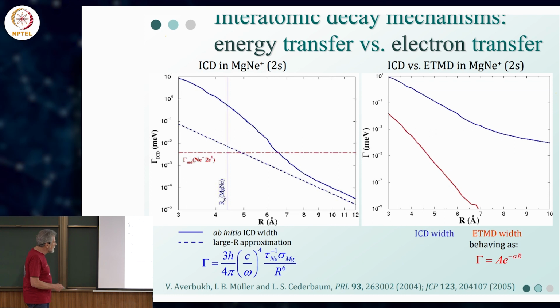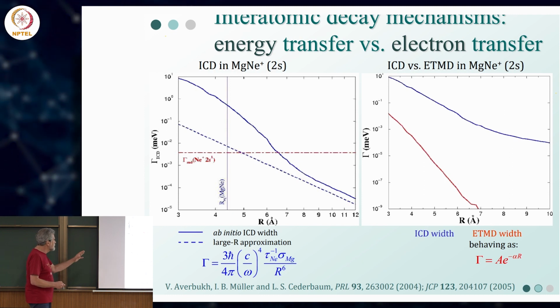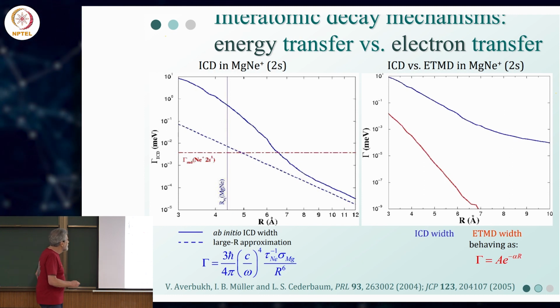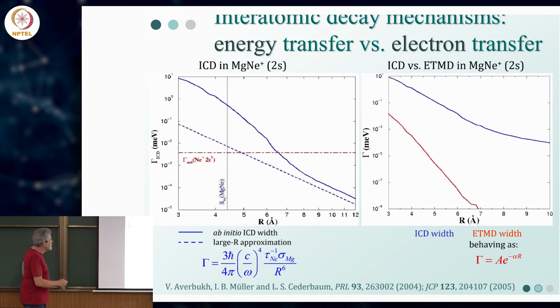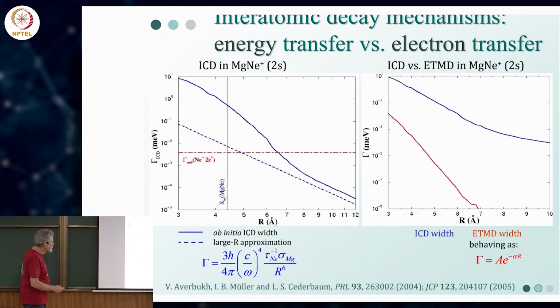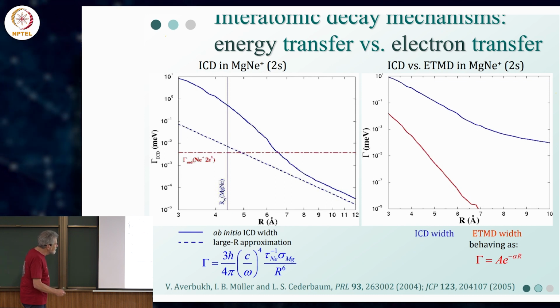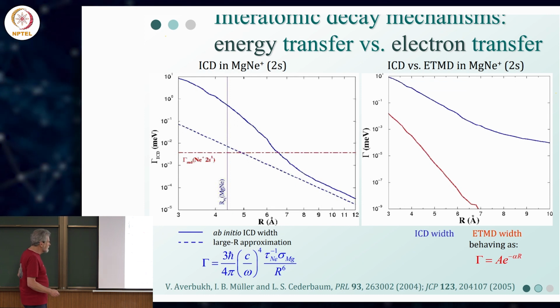This is an ab initio calculation on magnesium neon plus, where you ionize a 2s, like we had before in the dimer, just 2s, where there is no Auger, nothing, it will take a nanosecond to emit a photon, and we are faster here. That you see, it's much larger, and then it goes to some asymptotic value, and this is the analytic calculation, which you can do analytically at large distance.